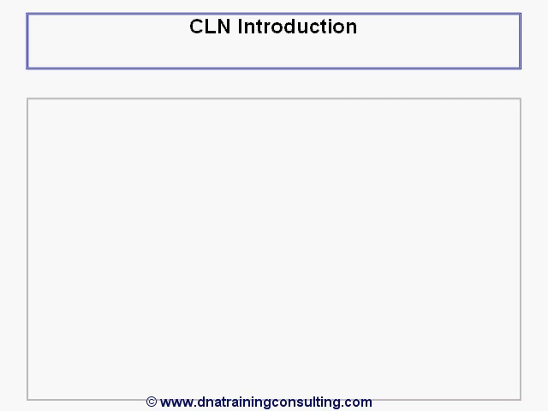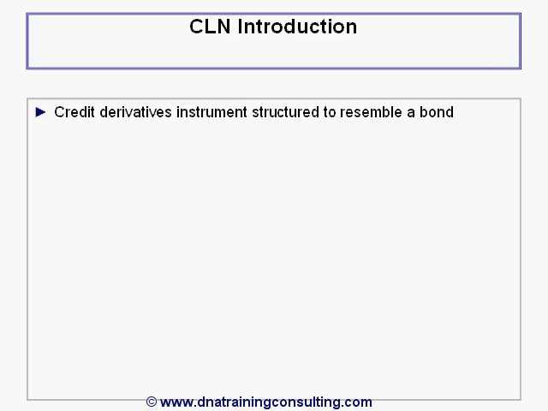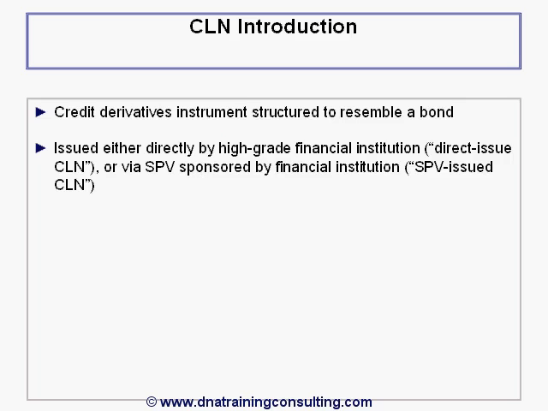Credit-linked notes, also known as CLNs, are credit derivatives structured to resemble to a great extent a simple bond investment. CLNs are issued either directly by a financial institution that has a high credit rating or via a special purpose vehicle, or SPV, sponsored by some financial institution.